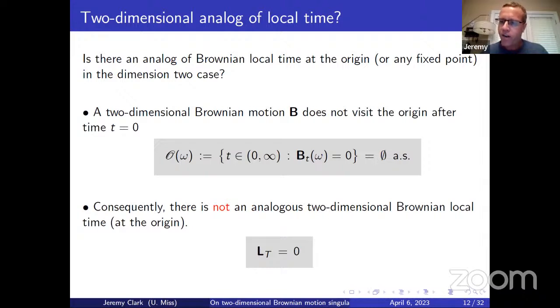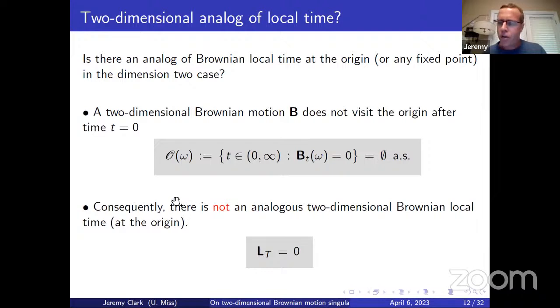We already saw that it's quite different in dimension 2, where the Brownian motion will not even visit the origin after time 0. It never returns to the origin. So its zero set is trivial. It's empty.